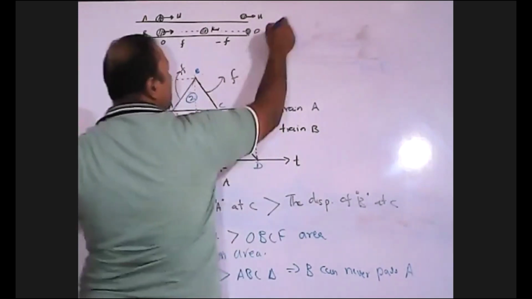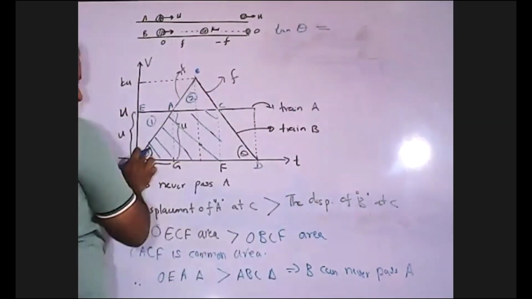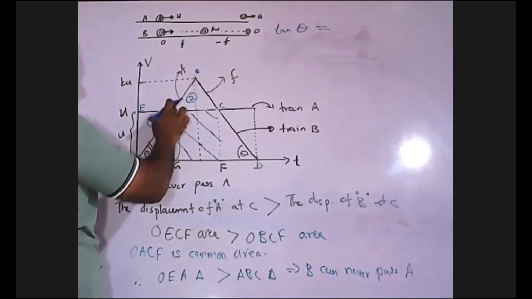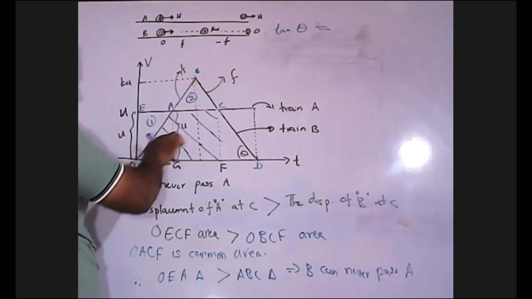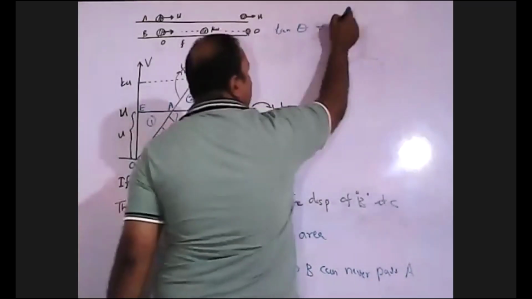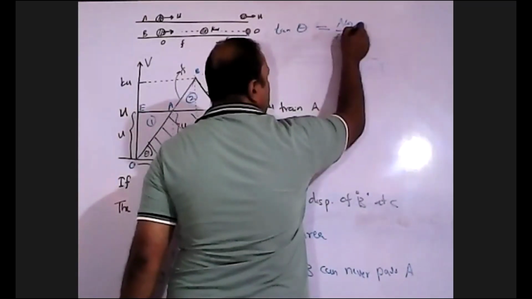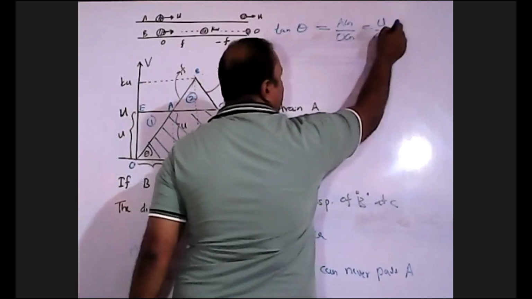tan theta is equal to the opposite side over the adjacent side, AG over OG. AG is U, and you have to find OG.